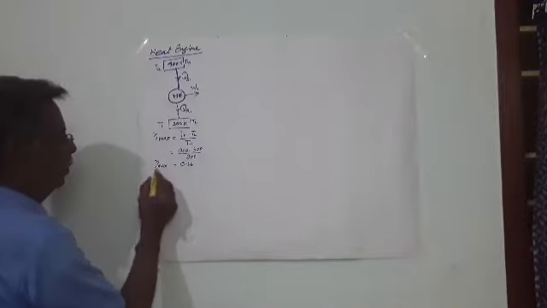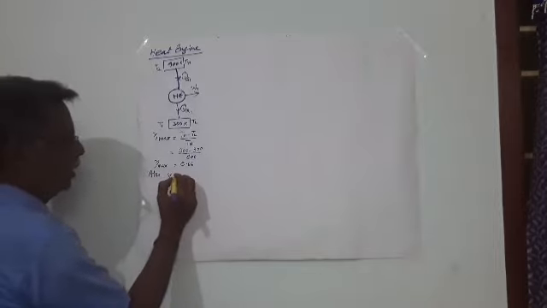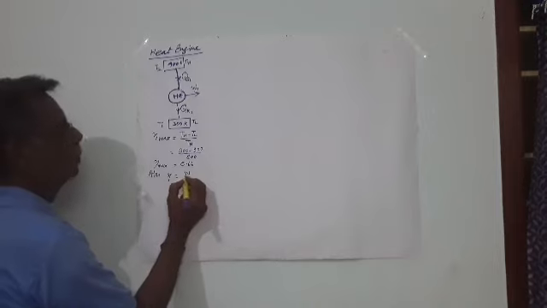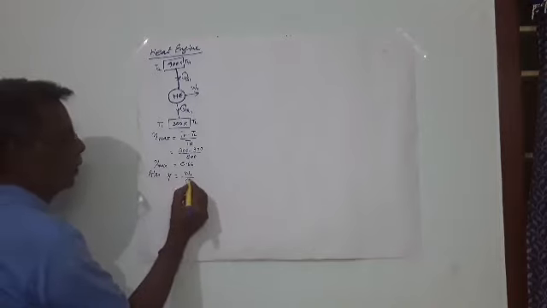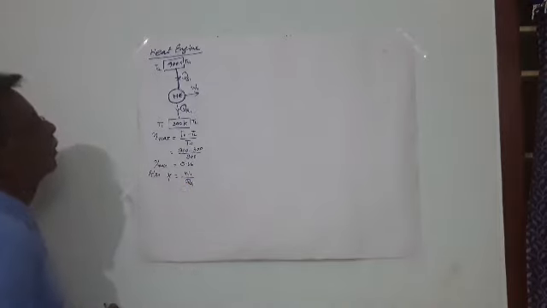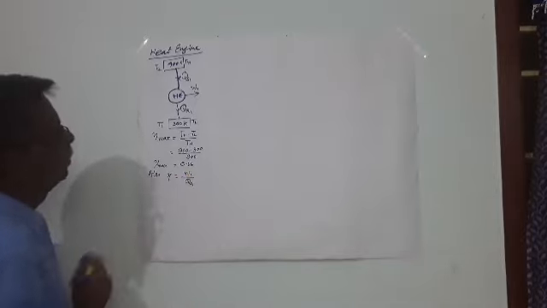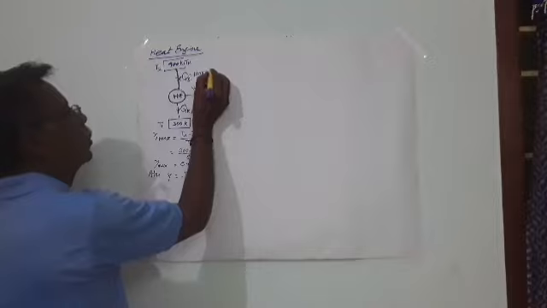Also, efficiency is equal to the output, which is the work done by the engine W1, divided by the amount of heat supplied QS1. Let us assume that the heat engine receives 1800 kilojoules of heat.